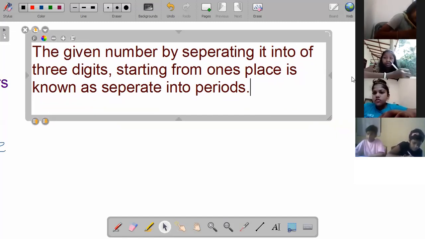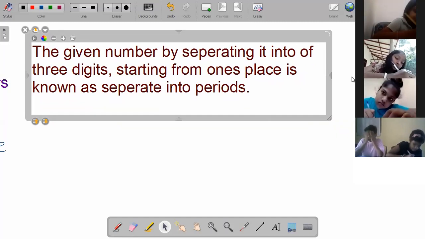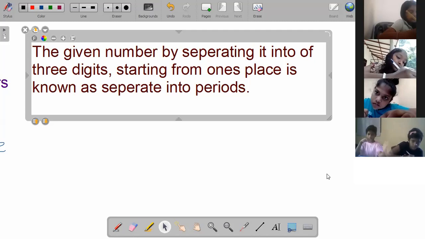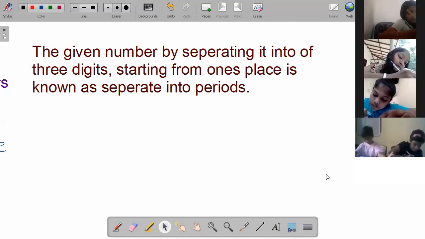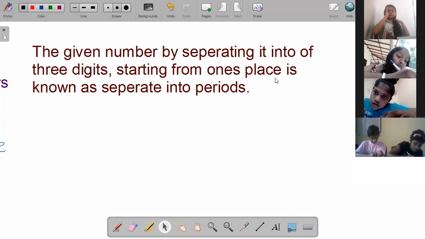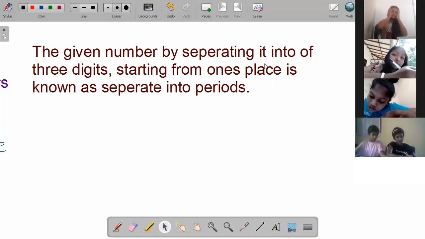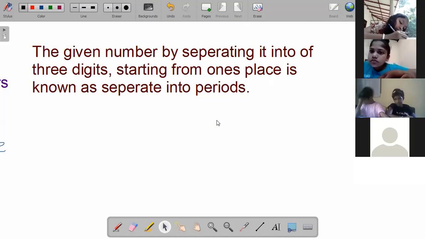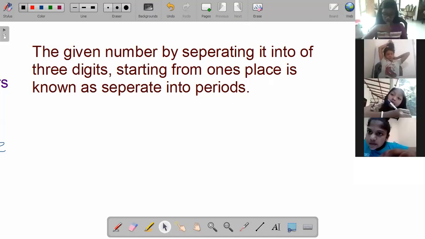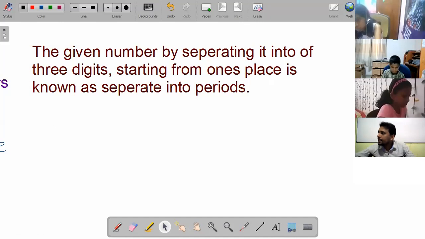Right, from the ones place you have to separate 3 digits by 3 digits, towards your left hand side. ඔයගොල්ලෝ වම් අත පැත්තට ඉදිරියට වෙන් කරගෙන යන්න ඕනේ. Right, okay.